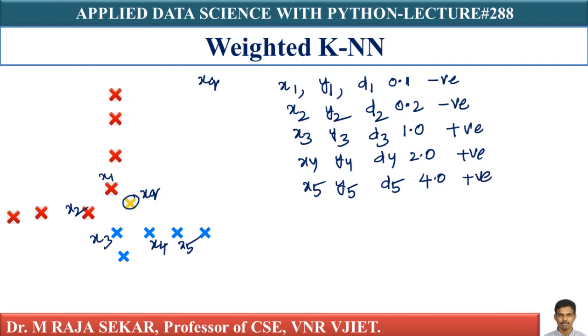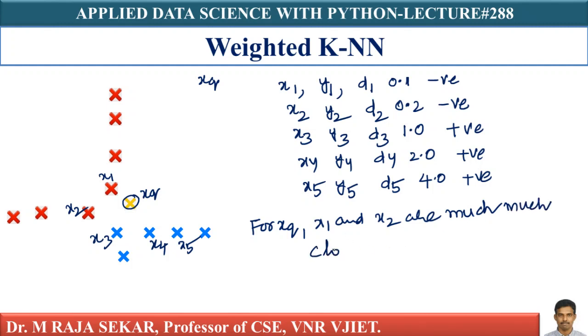Now what are we doing? For xq, x1 and x2 are much closer than x3, x4 and x5. Just observe this carefully.